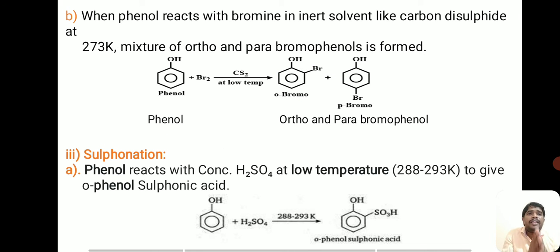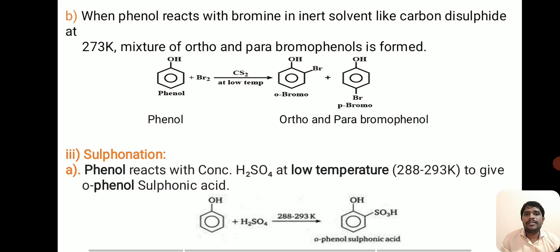When phenol reacts with bromine in an inert solvent like CS2, that is carbon disulfide, at 273 Kelvin, a mixture of ortho as well as para-bromophenols are formed.